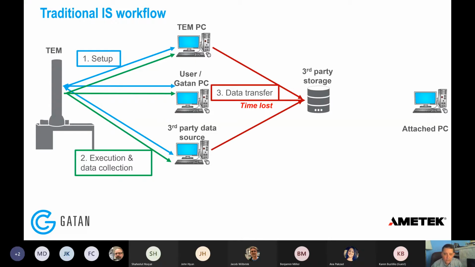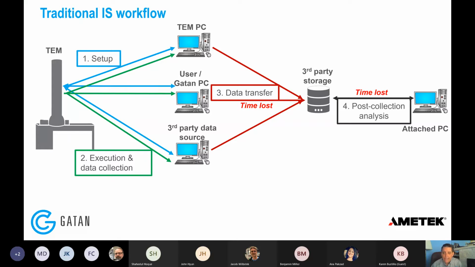Then you have to transfer all this data and reconcile it, as I mentioned, somewhere. And so this could be on the Gatan PC, it could be a third-party offline storage RAID array. Many people do, but that takes time. And if it's a lot of data, it's going to take a lot of time just to transfer it, much less the additional storage requirements, support requirements, redundancy requirements that entails.